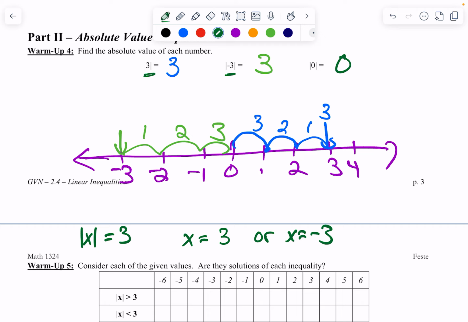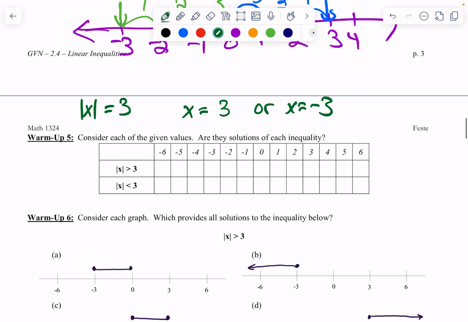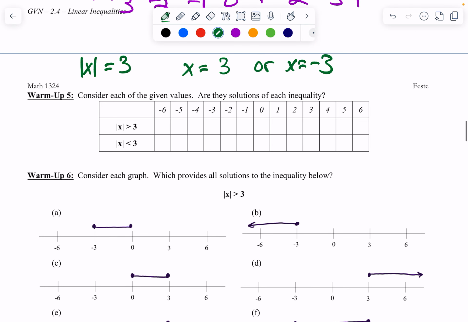So now we need to look at this and figure out which way it is actually going. So the absolute value of x is greater than 3.